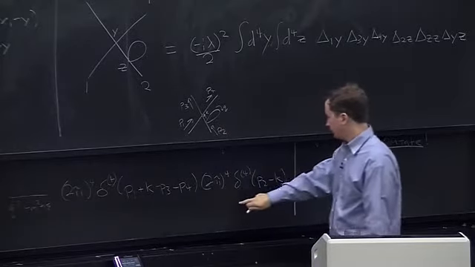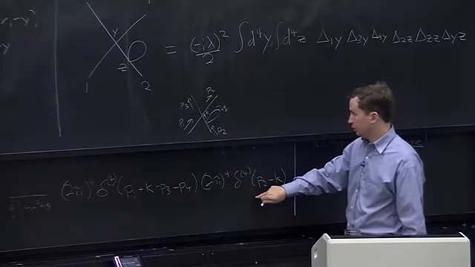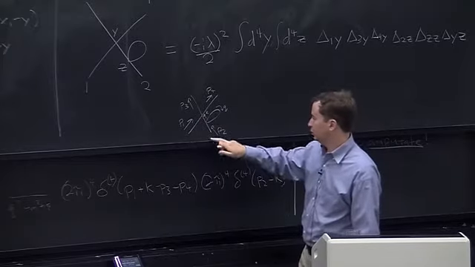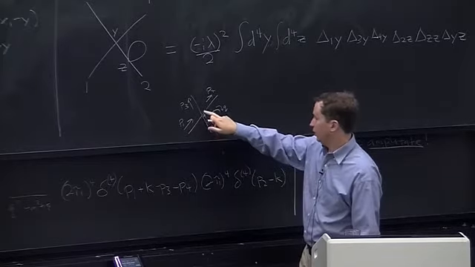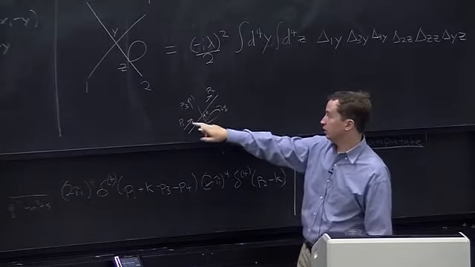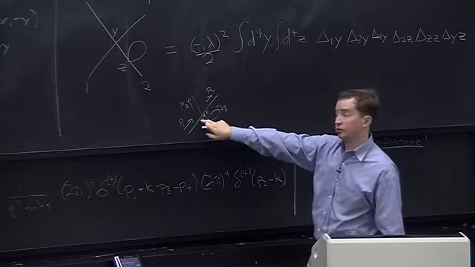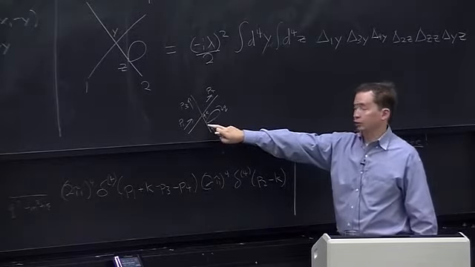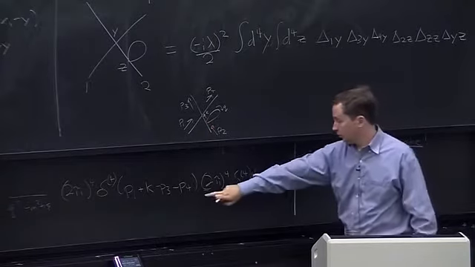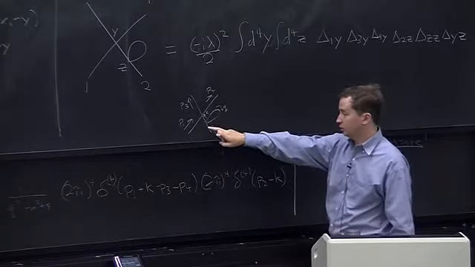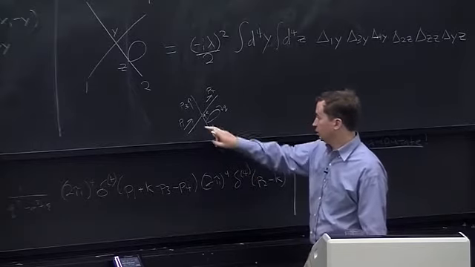And these delta functions tell us that P2 is equal to K, and that P1 plus K is equal to P3 plus P4. So that's telling us we have momentum conservation at both of the vertices. Q doesn't enter because Q both enters and leaves this vertex. So these momentum conserving delta functions tell us that we should impose momentum conservation at each vertex.